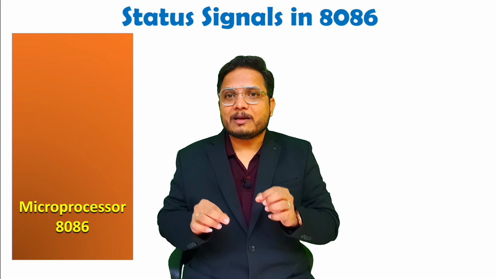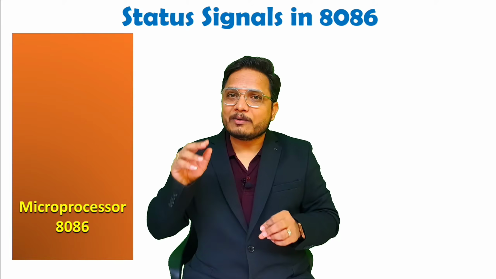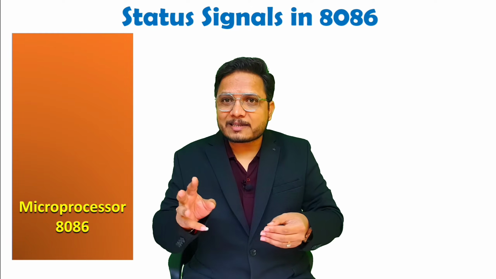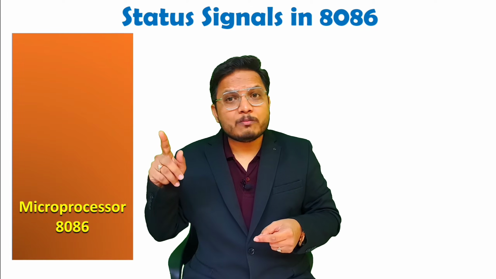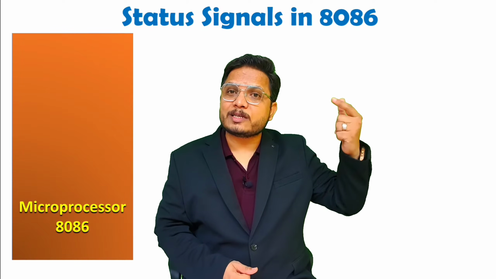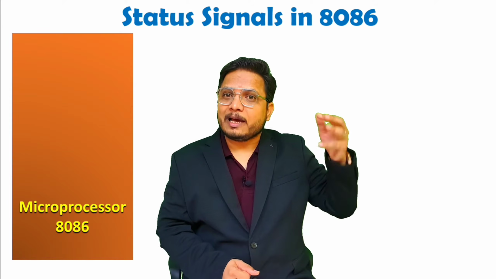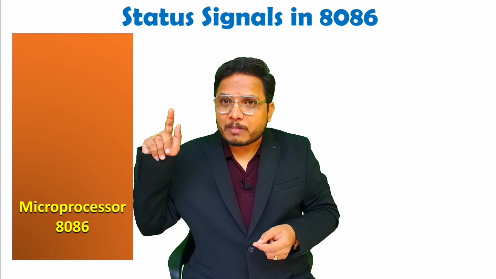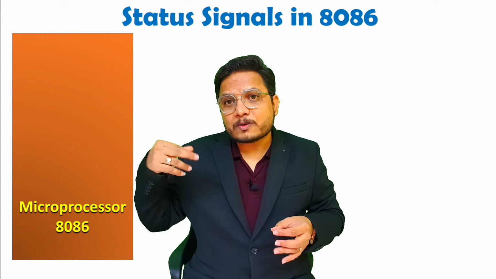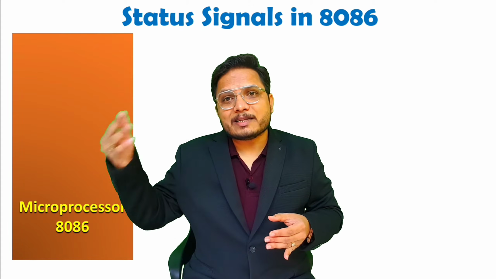So here what we do is generate status signals, and those status signals are given to the bus controller 8288. The coprocessor also generates status signals, and those are given to bus controller 8288. Now whose control signals will get generated?